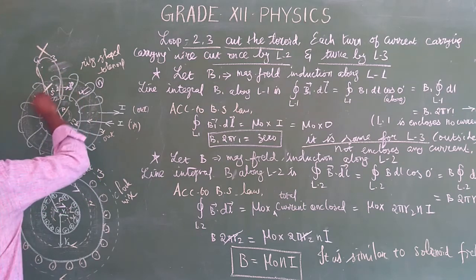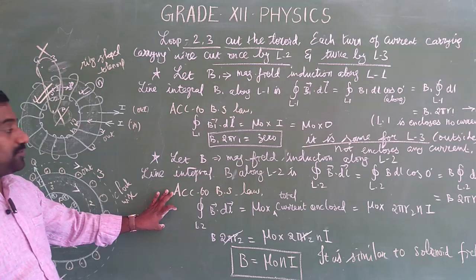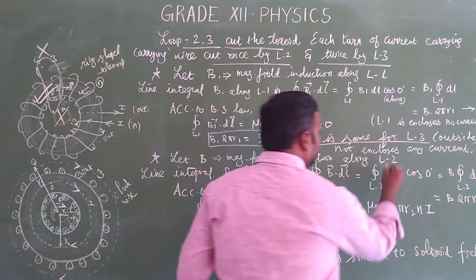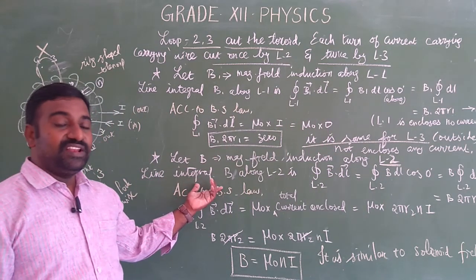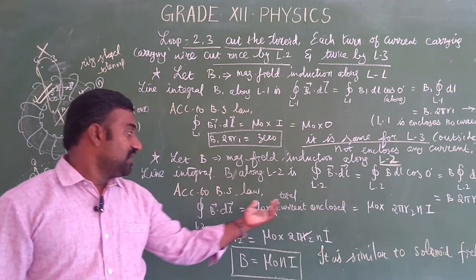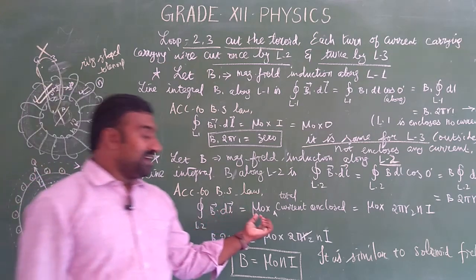So where will the magnetic field exist? It is maximum on the surface. That is what we are going to calculate. Let B be the magnetic field induction along loop 2. The line integral of the magnetic field along loop 2 is, in the same way, substituted in the law.